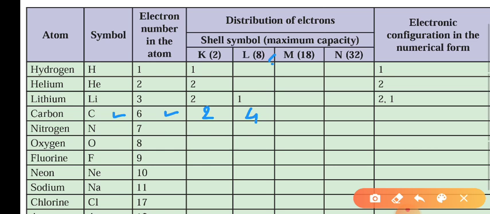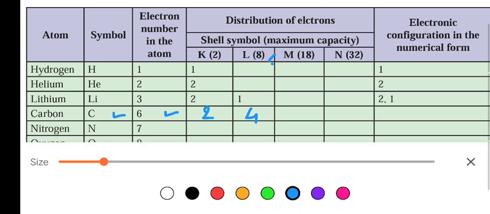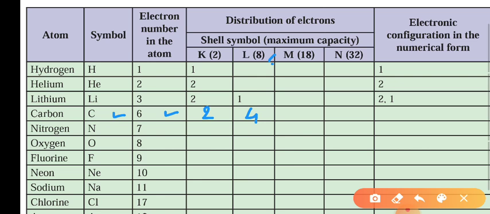Now the next one, nitrogen. In that, 7 are there. So 2 will come here. Now how many are left? 5 are left. So 5 will come here. Next is oxygen.